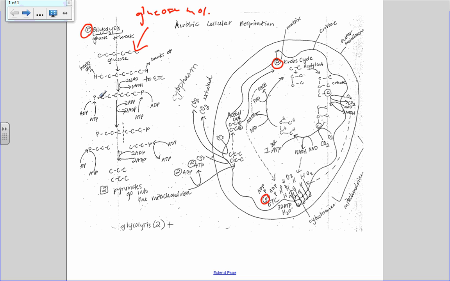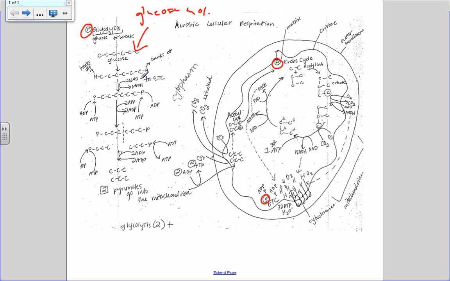So we have 2 hydrogens that are going to be broken off, and they are going to attach to a carrier molecule. Y'all remember from photosynthesis how NADP was a carrier molecule? Well, the main carrier molecule in glycolysis is called NAD. No P. All right? NAD+.